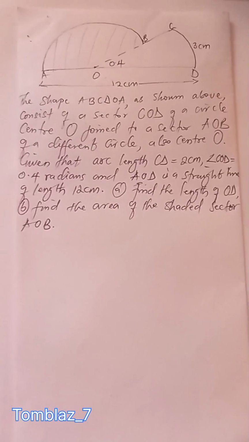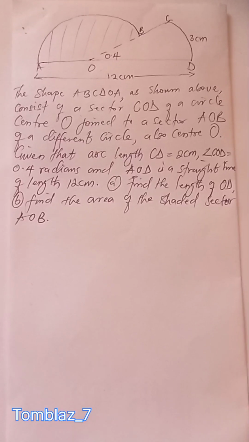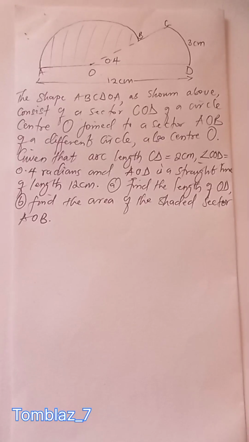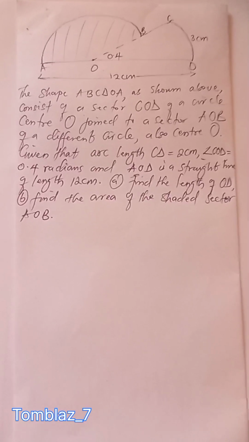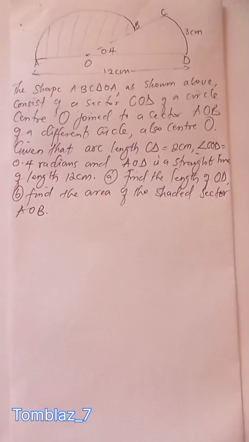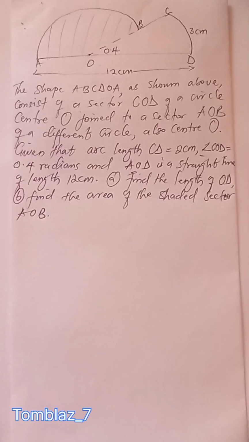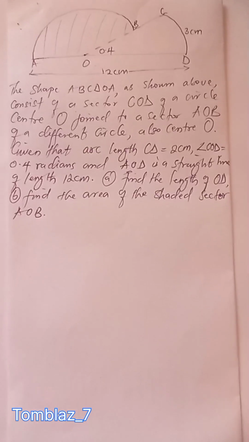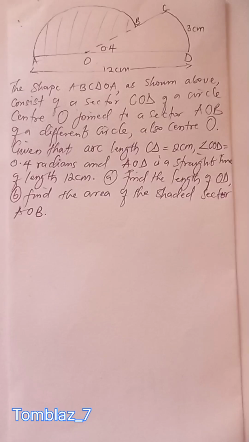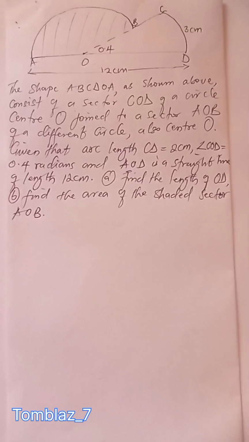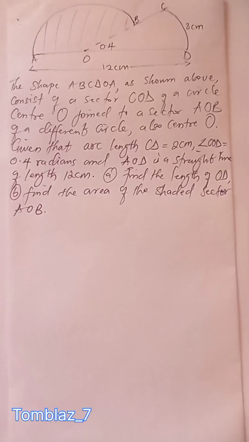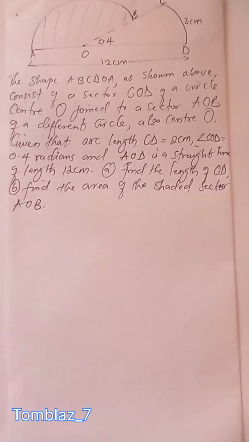So I have this question. The question said the shape of ABCDOA as shown above consists of a sector COD of a circle, center O, joined to a sector AOB of a different circle, also center O. Given that arc length CD is equal to 3 centimeters, angle COD is equal to 0.4 radians, and AOD is a straight line of length 12 centimeters.